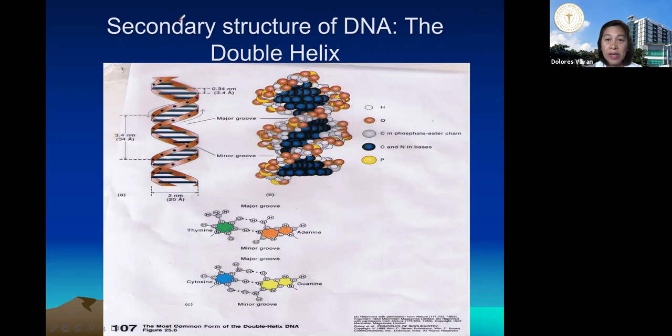So if you have the secondary structure of DNA, which is the double helix, what is the primary structure of DNA? What do you think is the primary structure of the DNA molecule? The nucleotide sequence. So the nucleotide sequence will be the primary structure while the secondary structure is the double helix.